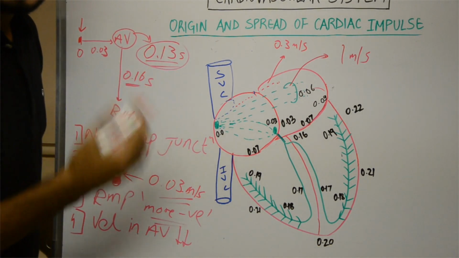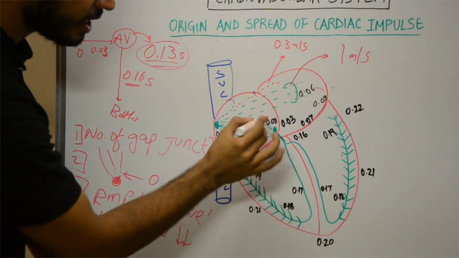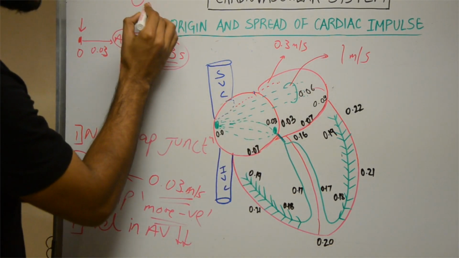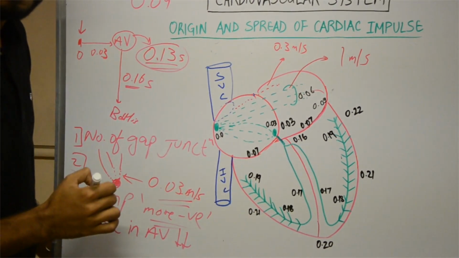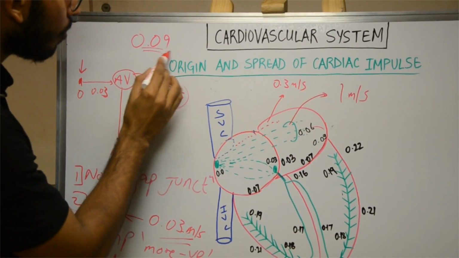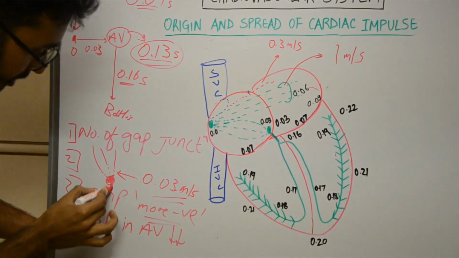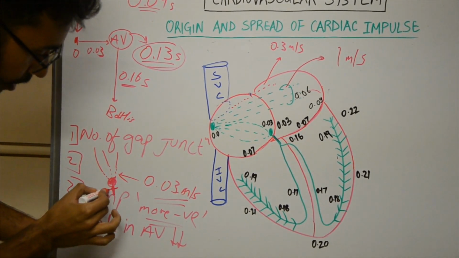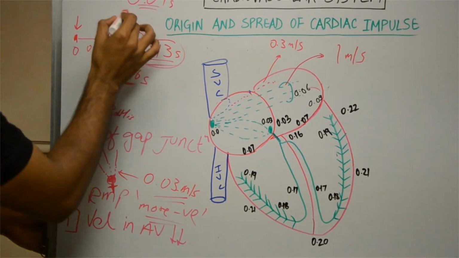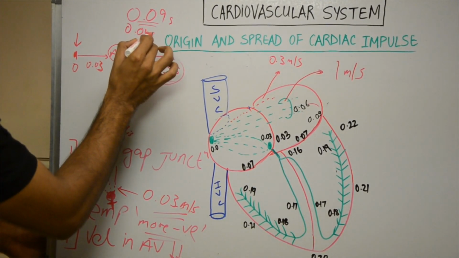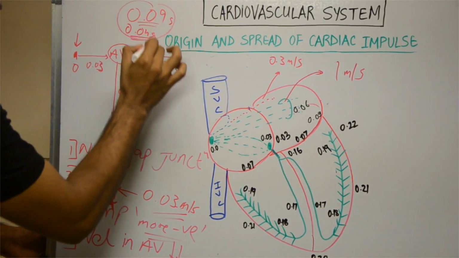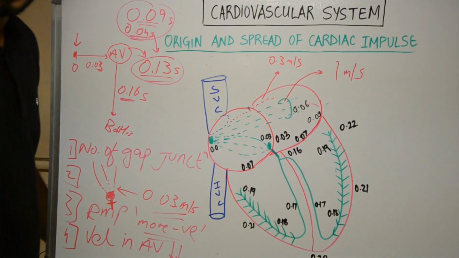Now keep in mind, it is said that in the actual AV node there is a delay of 0.09 seconds. But when the AV node continues as the bundle of His, in the bundle of His there is a further delay of 0.04 seconds. So this is how the total of 0.13 seconds comes, right?